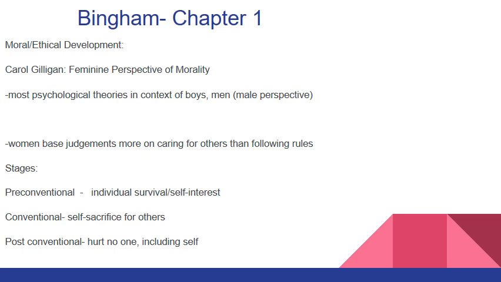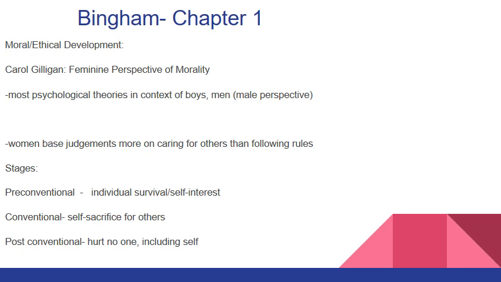Most of the people who were interviewed were male, and most of the people who created those theories were male. And so she argued that women go through an entirely different process of moral and ethical development. She argued that women often base their judgments more on caring for others than on following the rules.